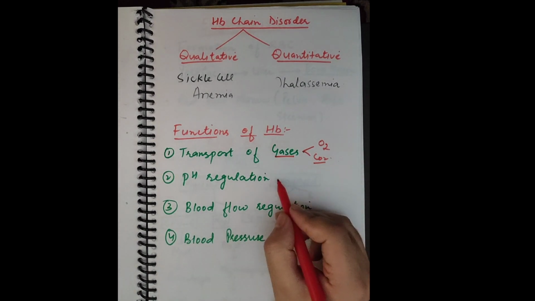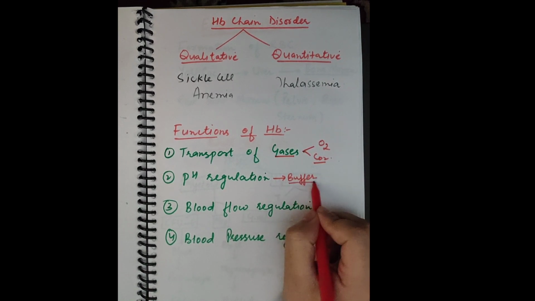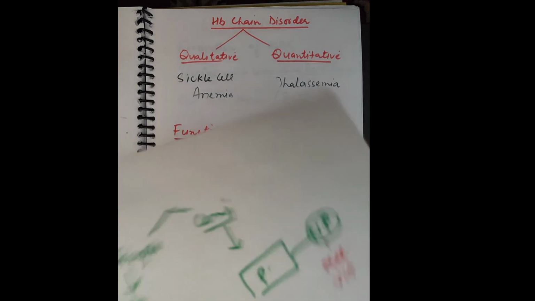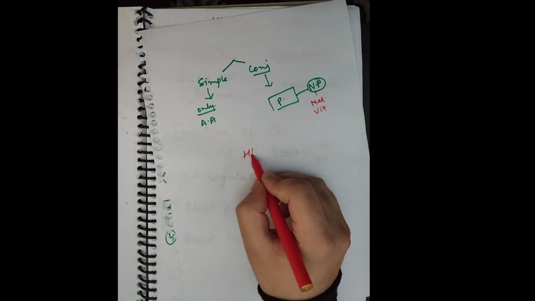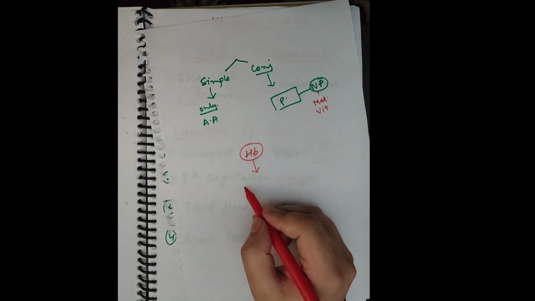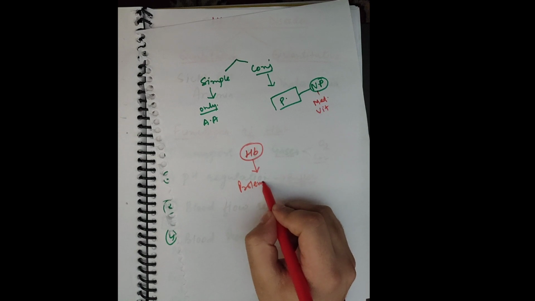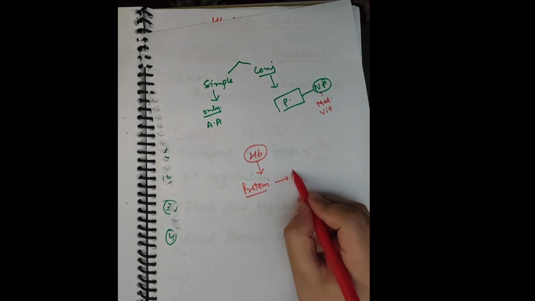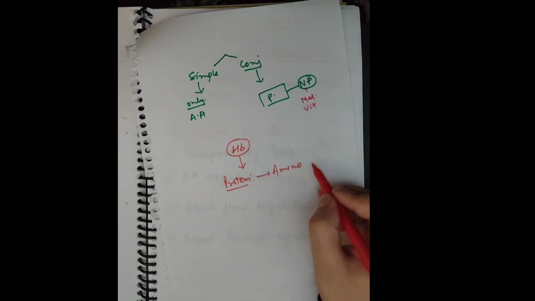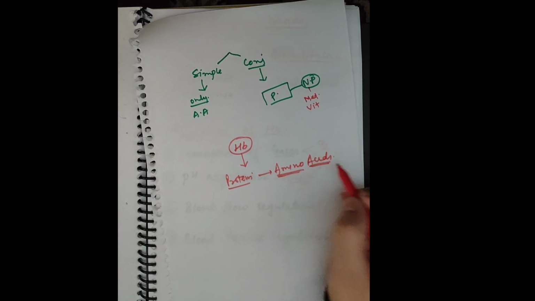pH regulation. Hemoglobin acts as a buffer molecule. How does it act as a buffer molecule? Let's understand. The hemoglobin molecule is a type of protein which is made up of amino acids. Amino acids have both an amino group and an acid group.